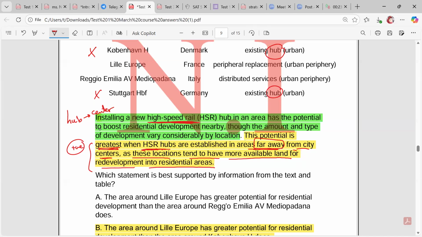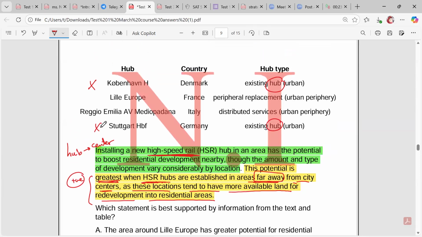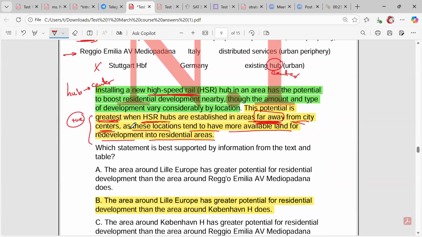So I want to focus on this and this? Why, teacher? Because these are centers. I want something far away from the centers. Any answer related to these areas will be wrong.